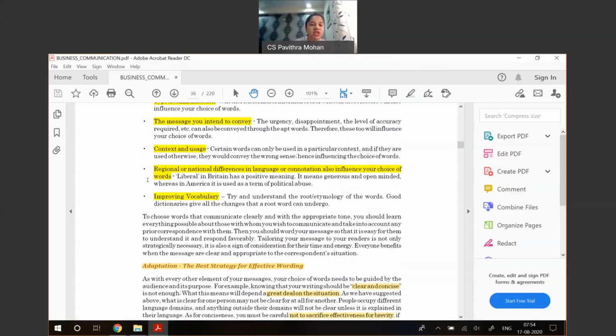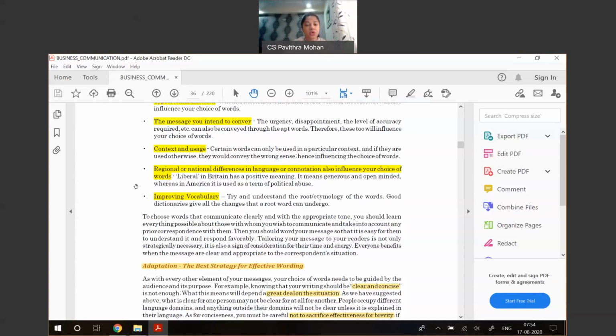Then regional or national differences in languages or connotations also influence your choice of words. Today the business is going multinational, so there can be conditions where you will not be working just with Indian companies. Even if you're working in an Indian company, you might have an investor from some other country. India has entered into LPG, that is liberalization, privatization, and globalization.